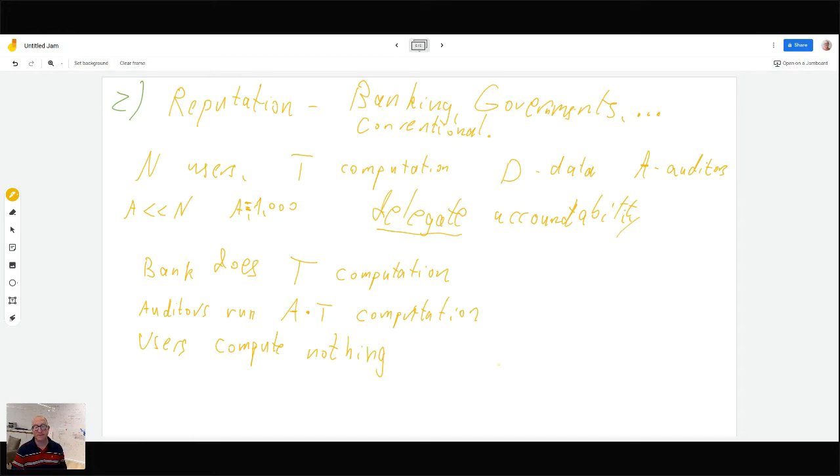And so this system is very efficient because we can't update our system without paying at least T steps of computation. And here we're paying something that is not much greater than T. It is A times T, which is much, much smaller than N times T.